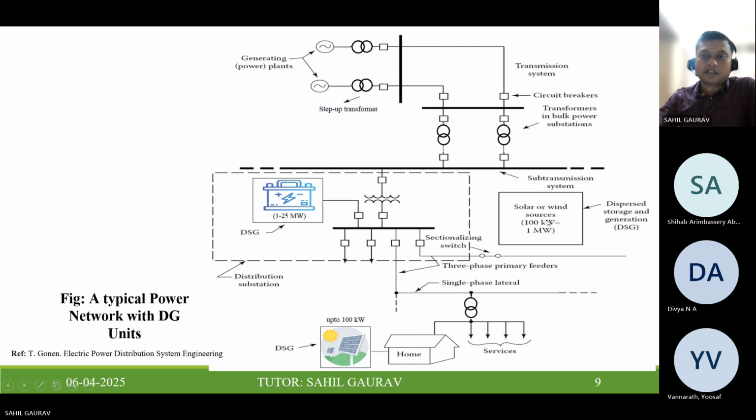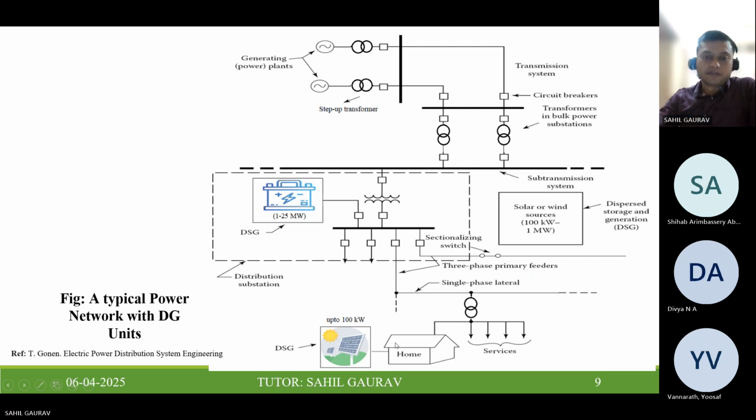And we also have solar or wind sources, and the power rating is of 100 kilowatt to 1 megawatt, and dispersed storage and generation. So this can be connected at this distribution substation, and from the distribution substation we have feeders, means primary distribution network.